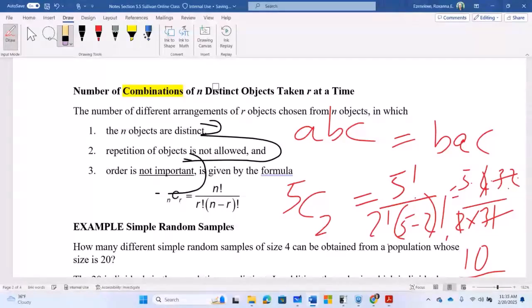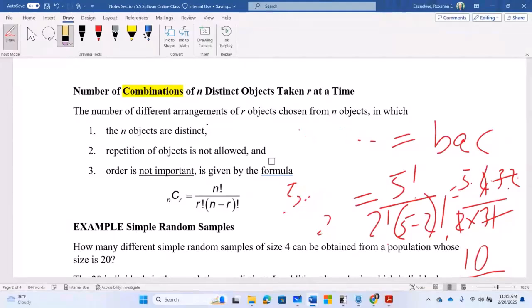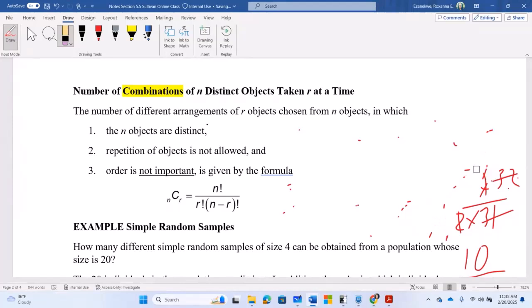Okay, so let's look at the properties of combination. We want to know what is the difference between combination and permutation. For number one, there are n distinct objects. In other words, no repetition.